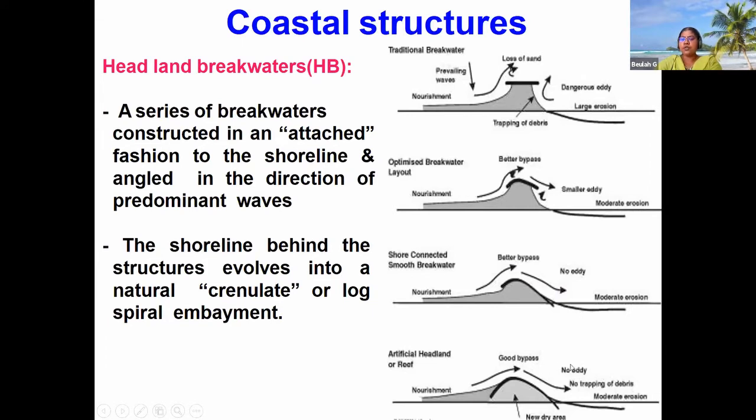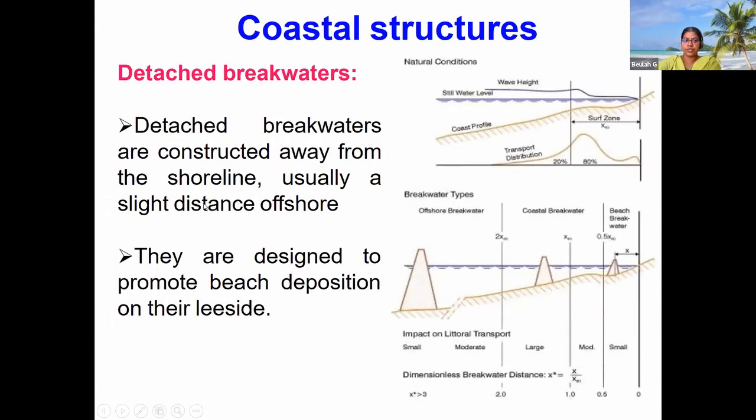This sort of improvement can be done only when we have a proper arrangement based on the previous cases and what sort of breakwater system should be designed, to make sure that the wave currents cause less erosion. So this is an example of a detached breakwater.